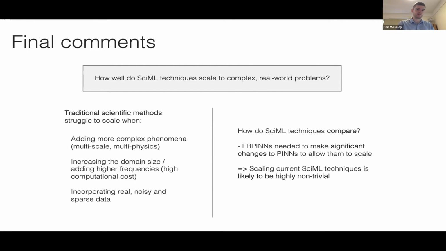I know we haven't even tested a real-world problem, arguably, with FBPINNs, but I can argue that I had to make significant changes to the way PINNs work to at least make a step in that direction. So I think we definitely have a lot more valuable research we can do trying to answer this question.